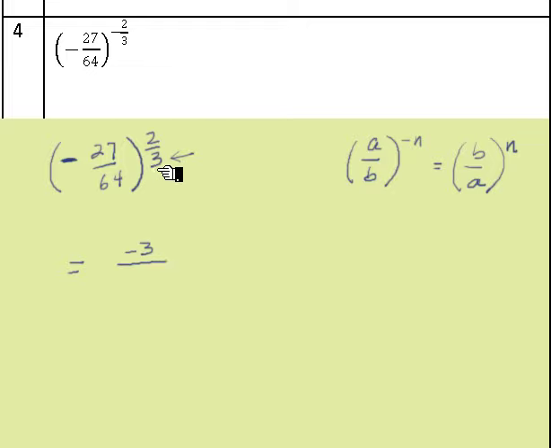Now we're going to take the cube root of the denominator. We still have to square. Keep the parentheses there because the squaring applies to minus 3 over 4. So first we're going to square minus 3, and we get a positive 9. And then square 4, and we have 16.